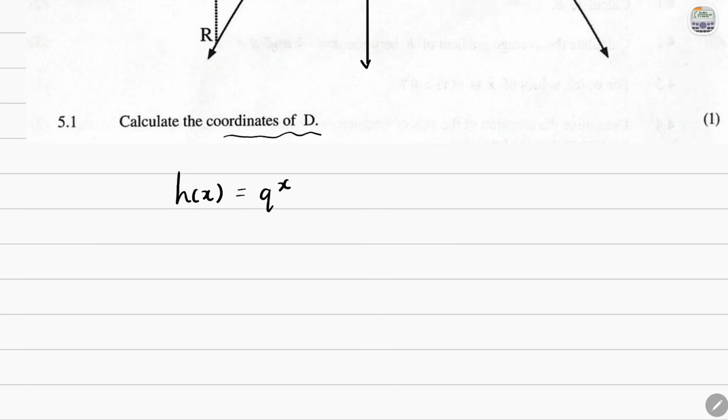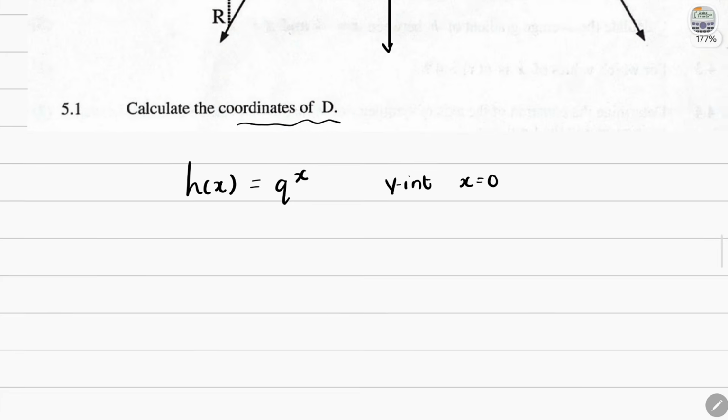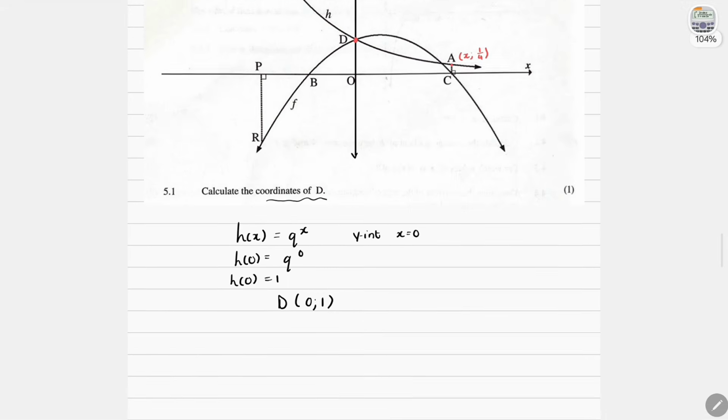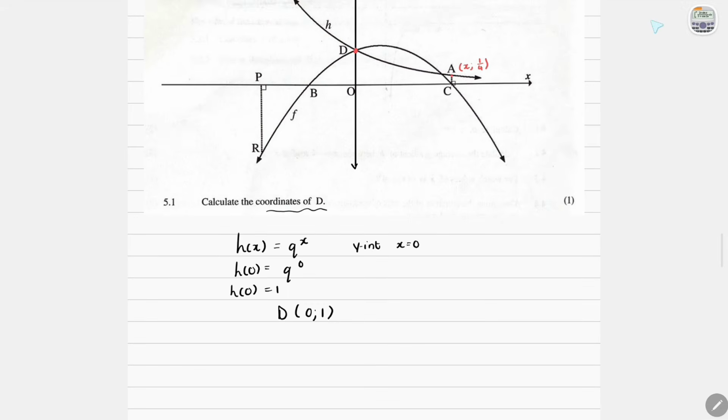To find the y-intercept, you need to make x equal to 0. So we'll say h of 0 is equal to q to the power of 0, and anything to the power of 0 is equal to 1. So the coordinates of D are (0, 1). That is our y-intercept. Moving on to the next question.